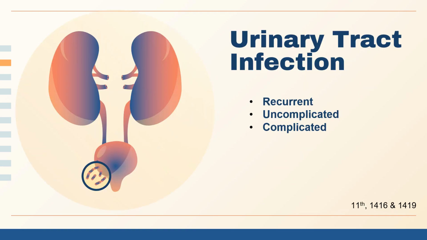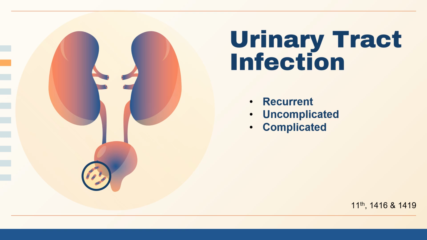Urinary tract infections can be categorized in several ways. A recurrent UTI is an occurrence of 2 or more infections in 6 months or 3 or more infections in 1 year. An uncomplicated UTI means that there is no anatomic or functional abnormality of the urinary tract or condition that increases the risk for infection or possibility of treatment failure, such as presence of a multi-drug resistant organism or urologic dysfunction.